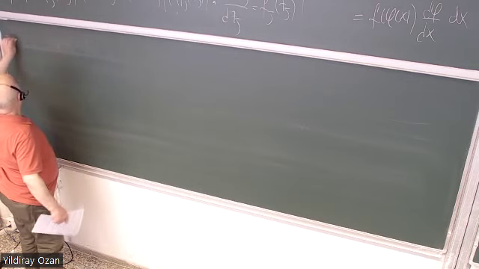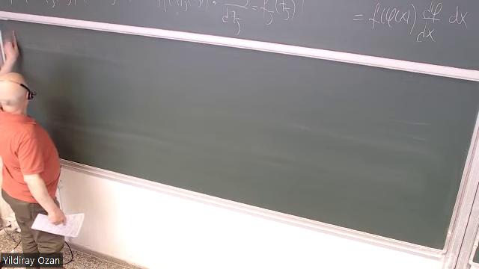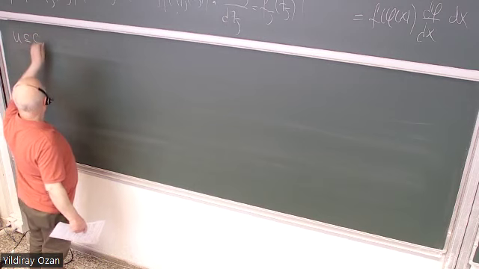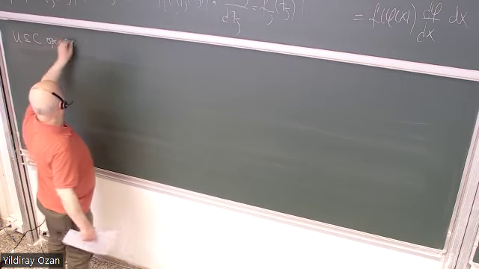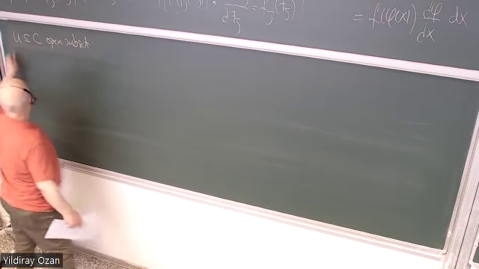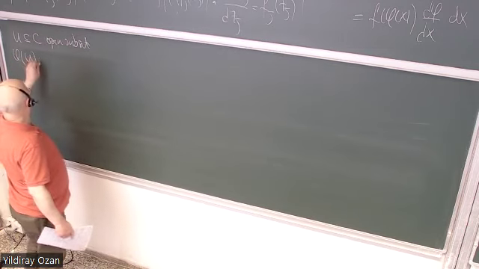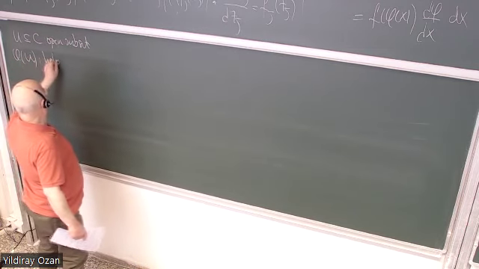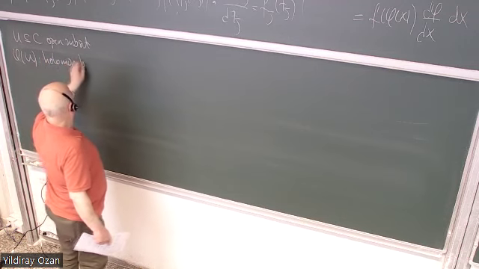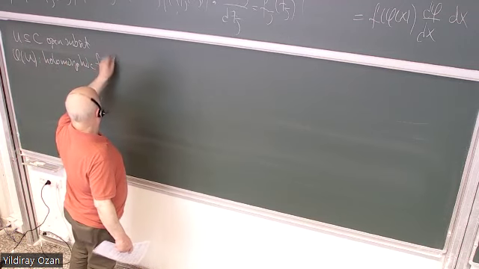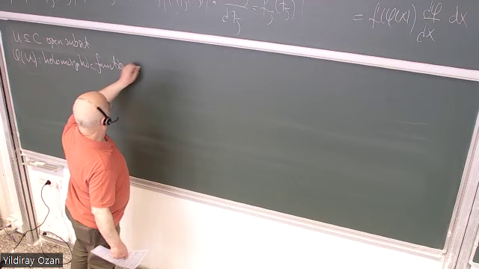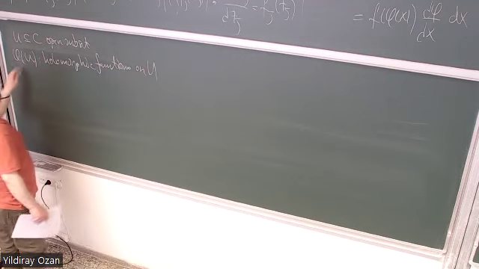Now, if U is an open subset of a Riemann surface, then this is the holomorphic functions on U, right? It's a ring.